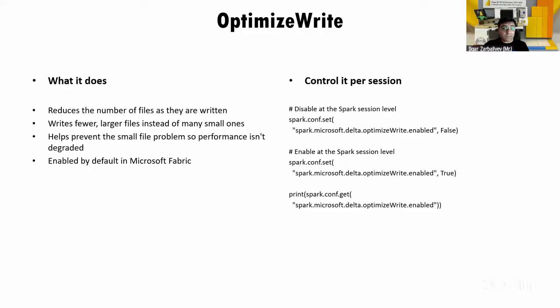One thing worth mentioning, Optimize Write can also be set in table properties and for individual write commands. So you have session level, table level, and command level control, depending on how granular you need to be.